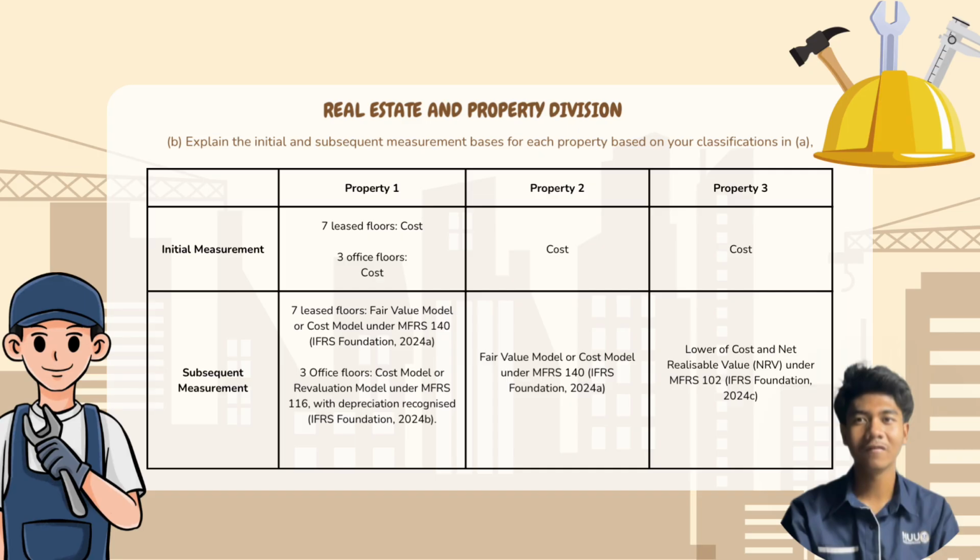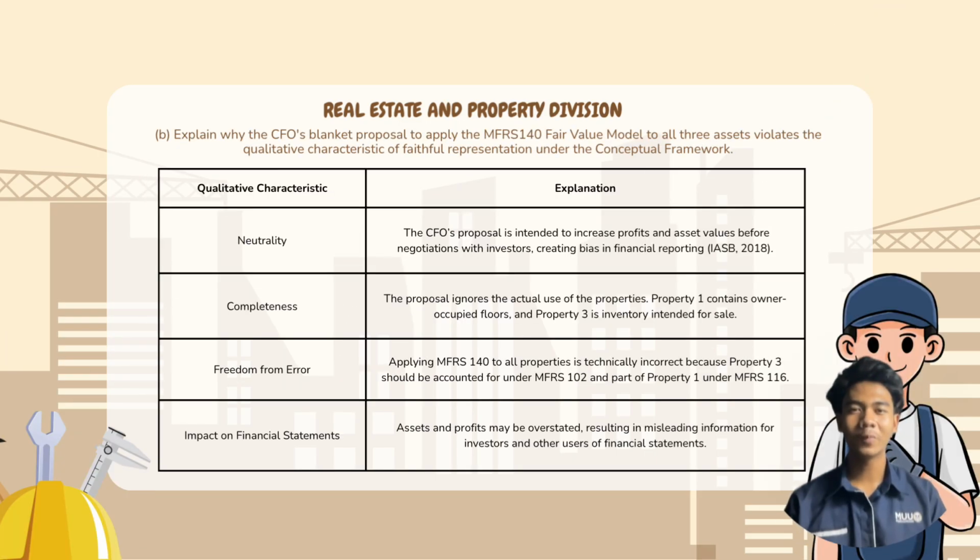Property 3 as inventory is measured at cost initially and subsequently at the lower of cost and net realizable value under MFRS 102. Finally, the CFO's proposal is incorrect because each property has a different purpose. Using the correct accounting standard ensures the financial statements are accurate and reliable.